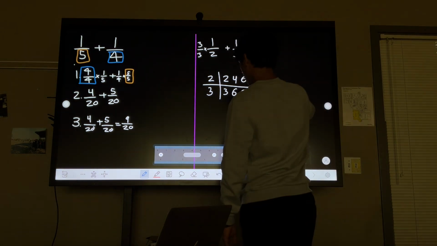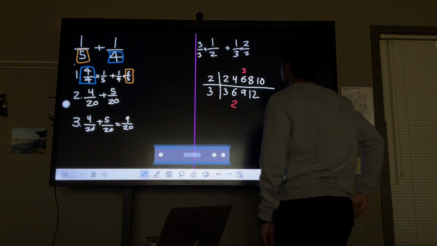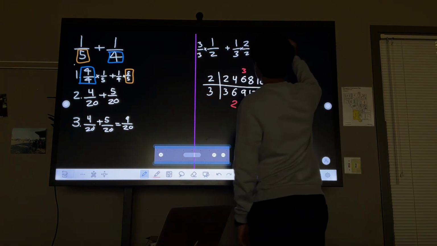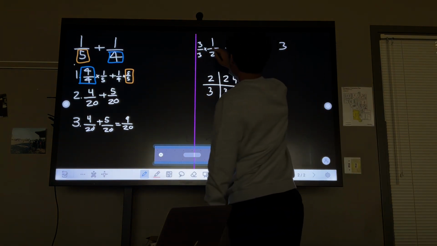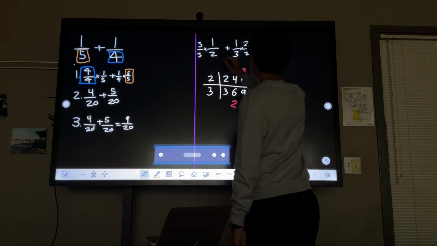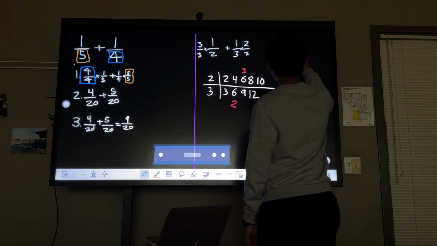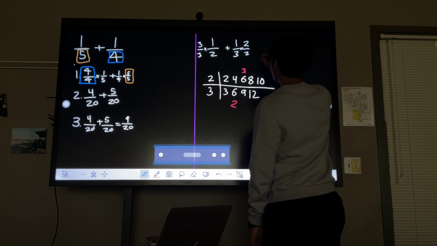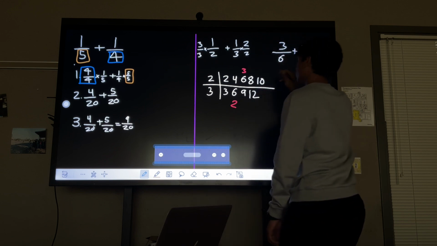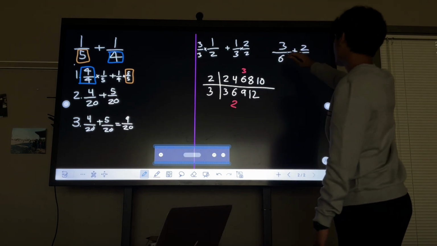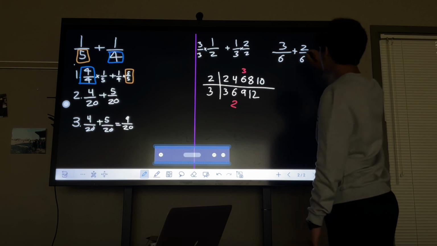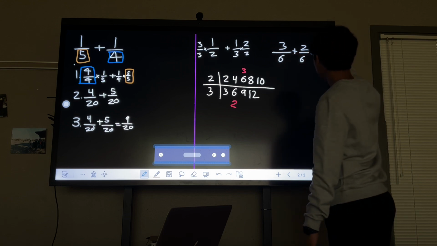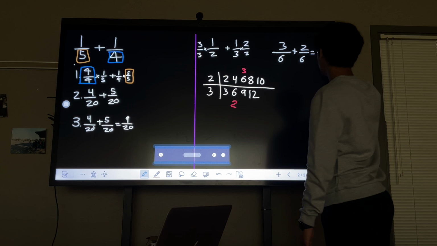Do multiplication right there. 3 times 1 is 3. 3 times 2 is 6. That's plus 1 times 2 is 2. 3 times 2 is 6. Now the denominators are the same. Now we're just gonna add the numerators, the top ones. So 3 plus 2 is 5 over 6.